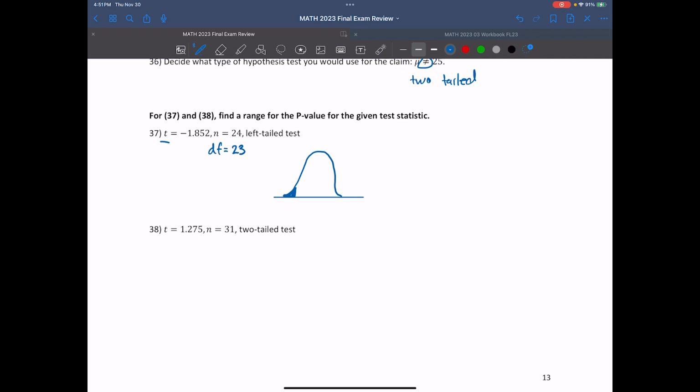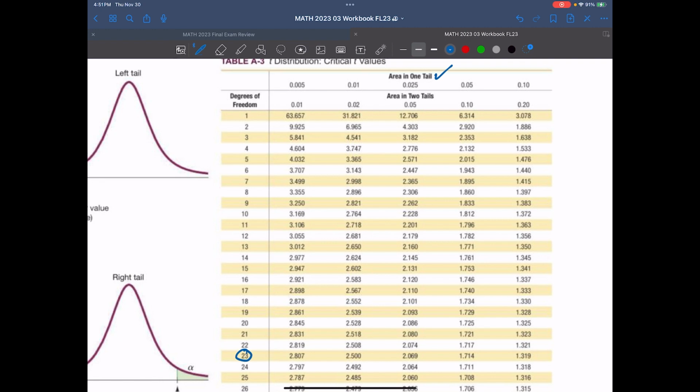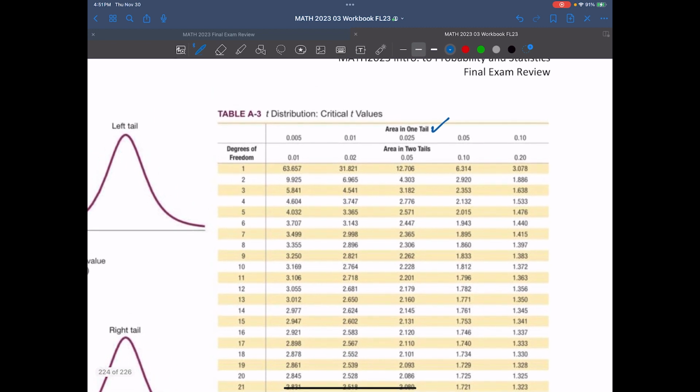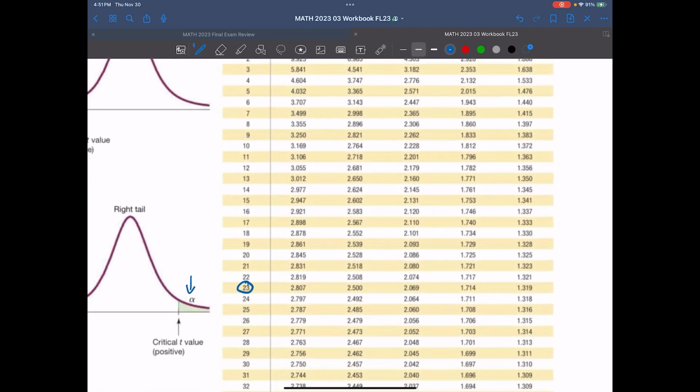Now we have a t-score of negative 1.852. Notice that as we look at our t-scores, these get smaller as we go from left to right, and this is the area in the right tail.